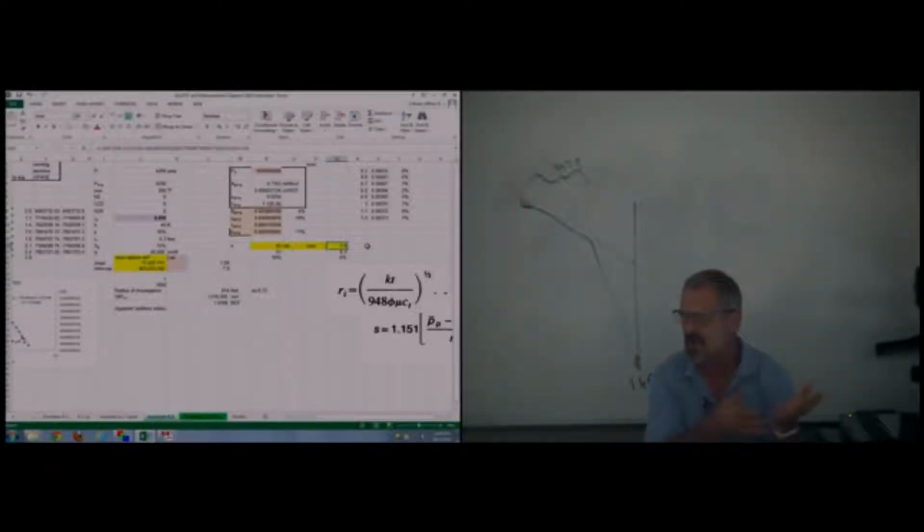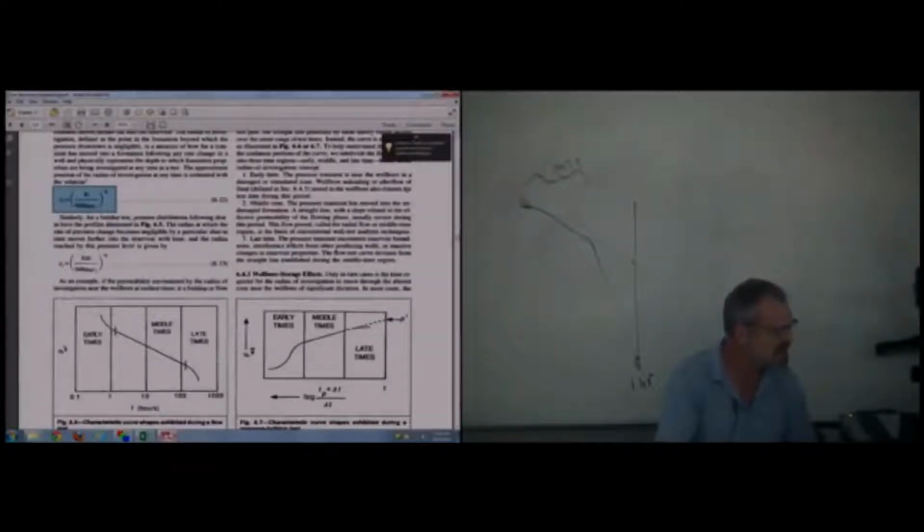Knowing what I know about how these correlations were developed, I would never use them. They're not substantiated by enough data. Okay, but it is another thing to look at. You could have a skin contribution based on non-Darcy flow. But look at what the textbook did to get this.